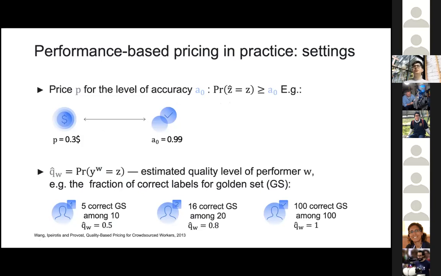The basic way of doing this is to compute the fraction of correct labels per golden set, which means that you run the annotation and compare a subset of the data submitted by the performers with some golden data, golden labels that can be provided by you or maybe downloaded from somewhere. You compute this probability of providing the correct response, and you say, okay, this is the quality of our performer.